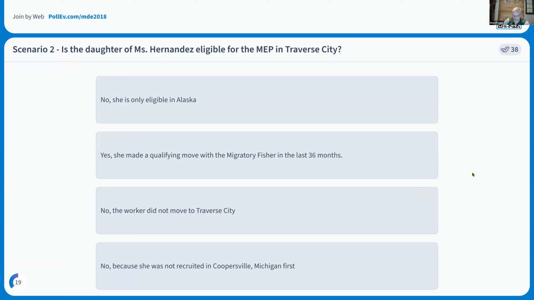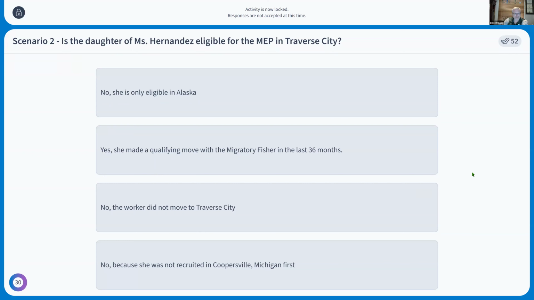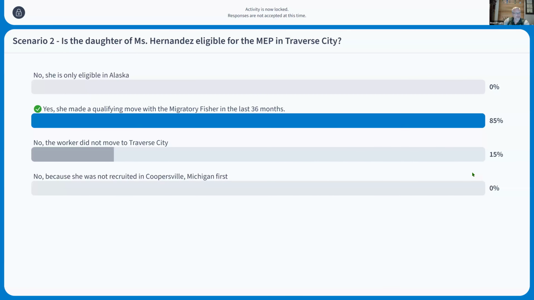It's coming in, about 20 seconds left. And the poll is closed. Let's take a look and see.